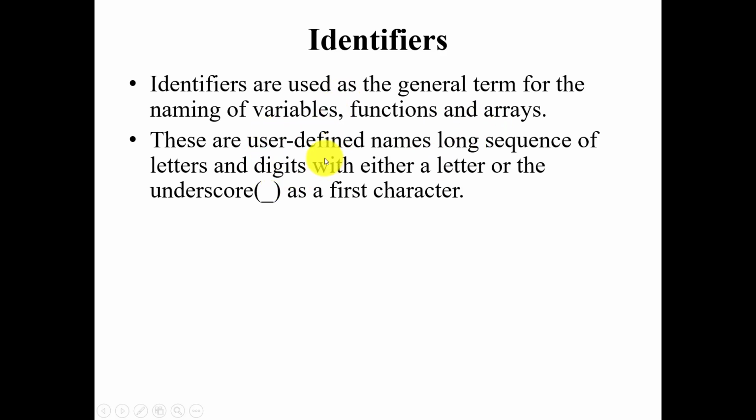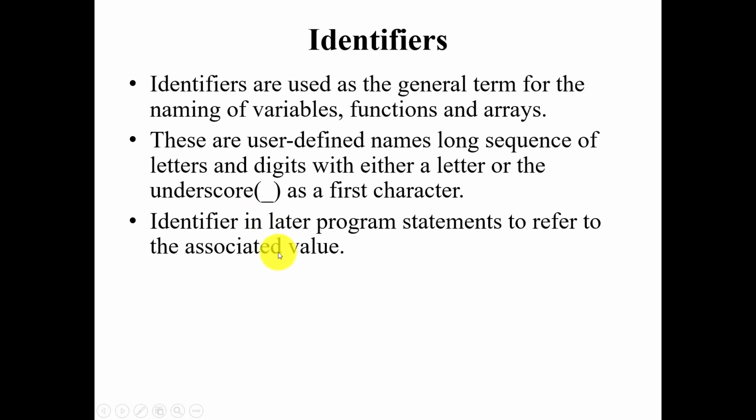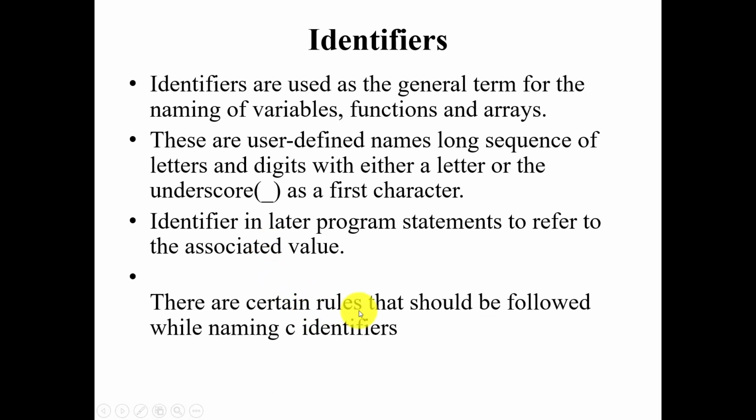Now a variable is a user-defined name, that is, we simply give a name to a particular thing, and the name is a sequence of letters. It can contain digits along with letters, or it can start with an underscore. The identifier has some rules, certain rules to be followed when giving the name.